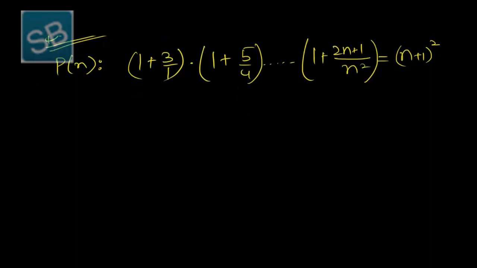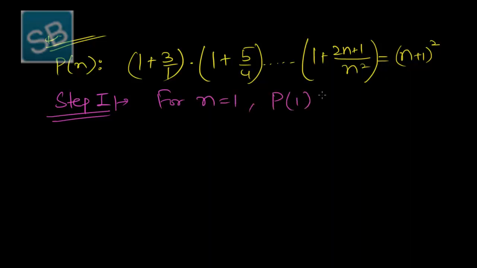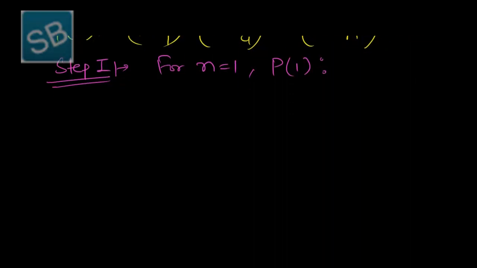So the first step is step 1. For n equal to 1, we have to check whether P(1) is true or false. So we will take the left hand side. We will replace n by 1 in the last element of the left hand side.